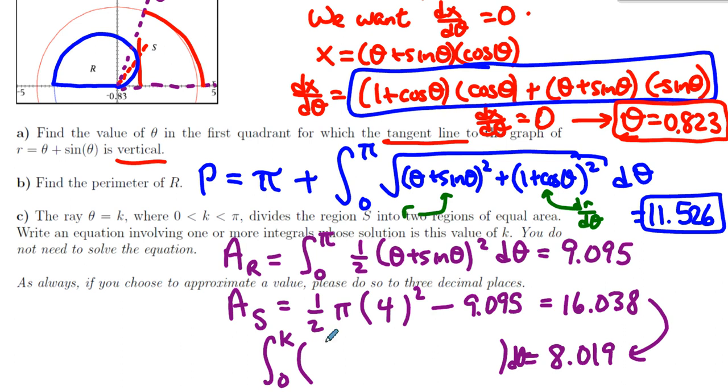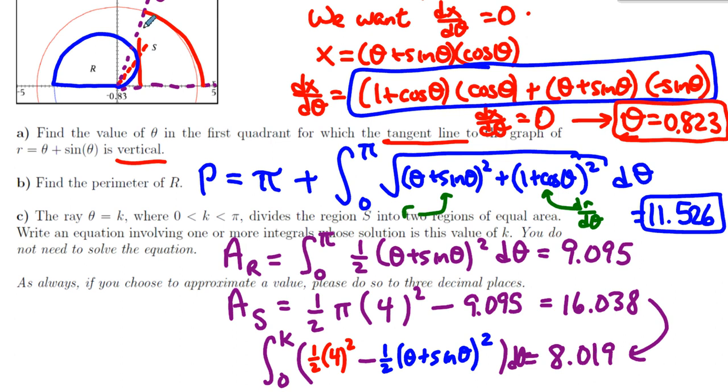The big area is 1/2 r squared d theta. The little area is 1/2 r squared d theta. And if we solve this equation, we will get the value of k that we're looking for.